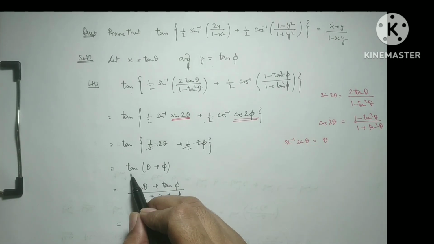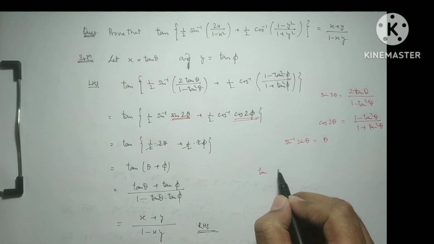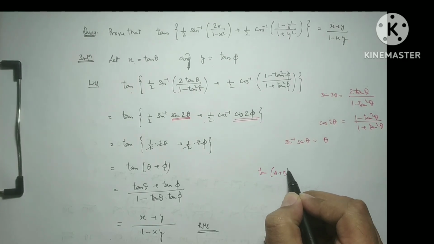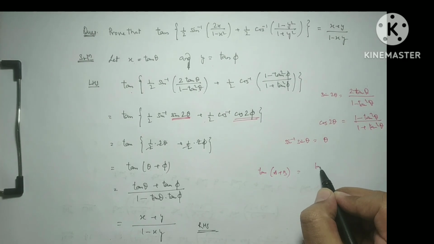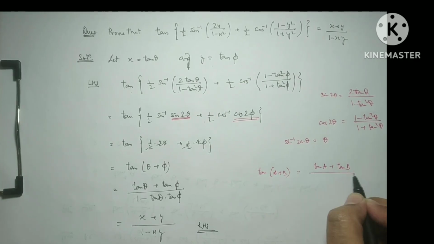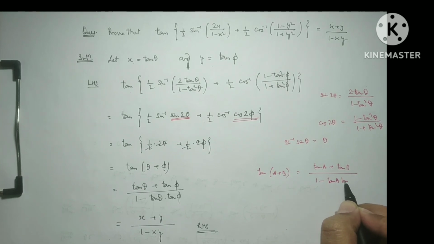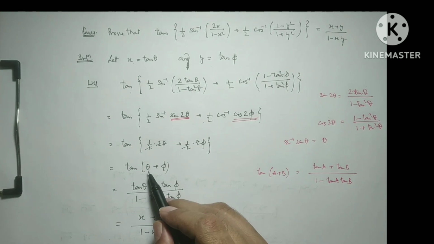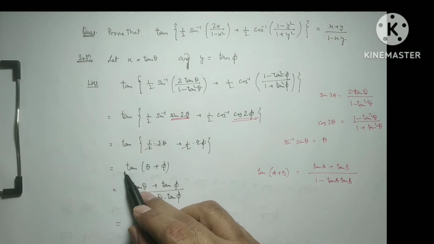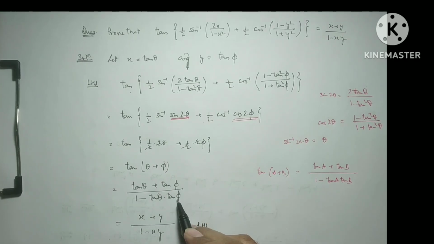It means you have tan of theta plus phi. So this is the formula tan of A plus B, and it means tan A plus tan B over 1 minus the product of these tans. So right now we have angles theta and phi, so this becomes the formula tan theta plus tan phi over 1 minus the product of these two tans.